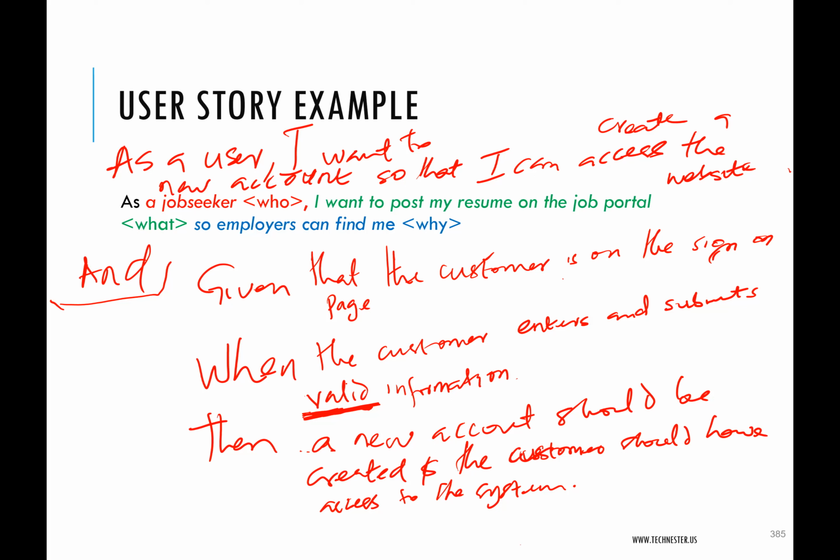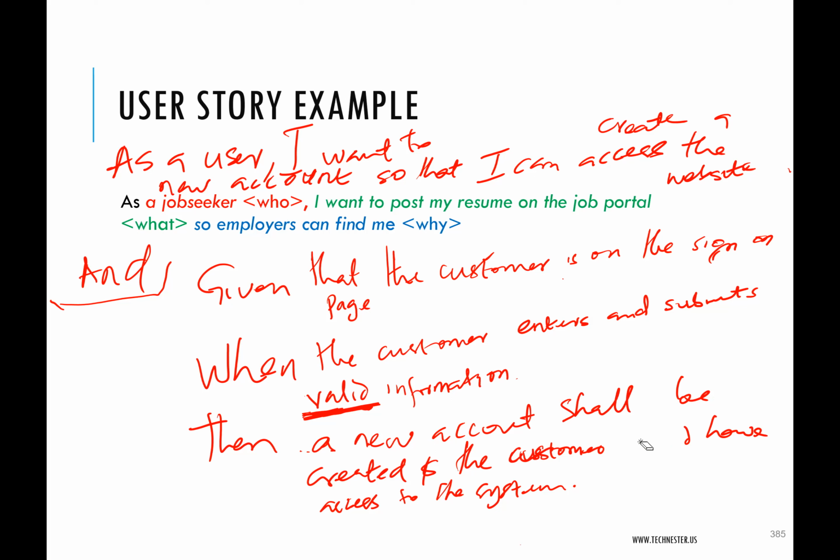Now, this is our user story and our acceptance criteria for this particular case, where a user wants to create an account so that they can access our website. When writing user stories, if you want to be extremely formal and technical, instead of should, you should use the legal term shall.